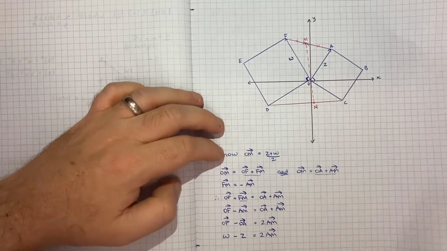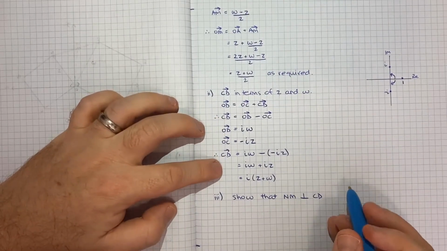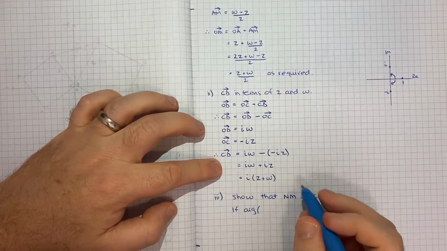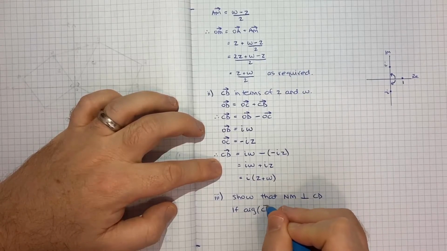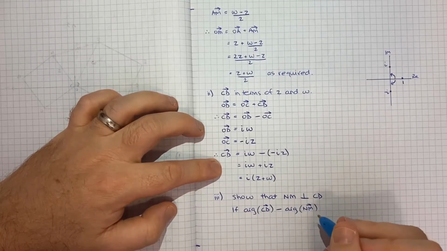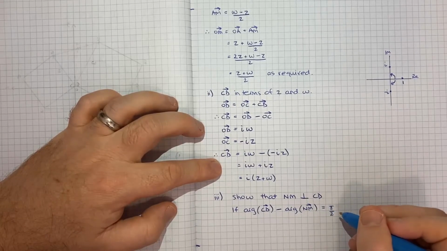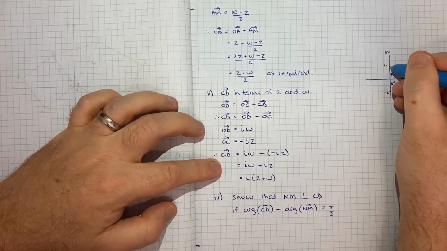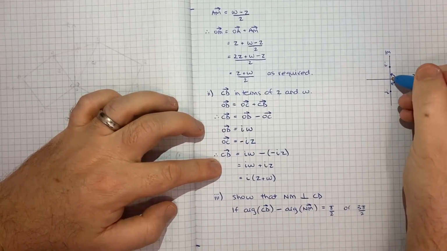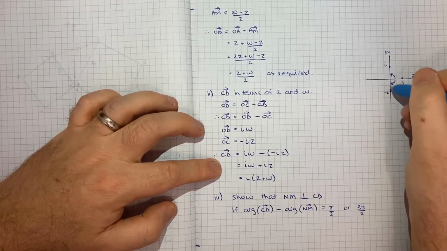Now, as a general way of showing that two lines are perpendicular, we can say that if the argument of, let's say vector CD minus the argument of vector NM, if the difference of those two arguments is equal to pi on 2, or in other words 90 degrees, or in theory 3 pi on 2, so coming all the way around here, then the two lines must be perpendicular.